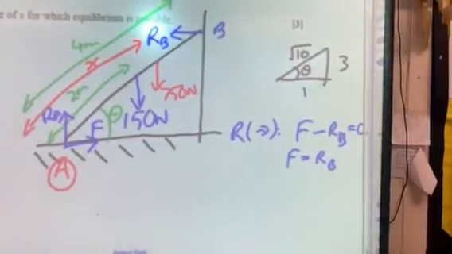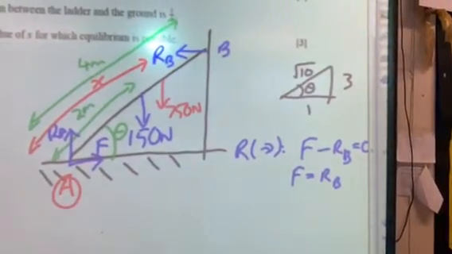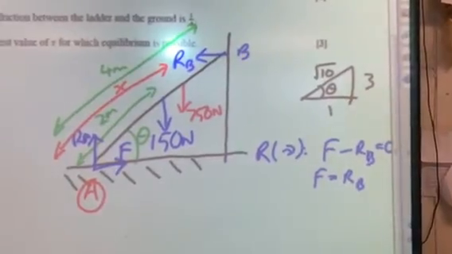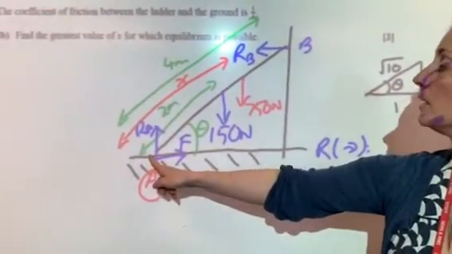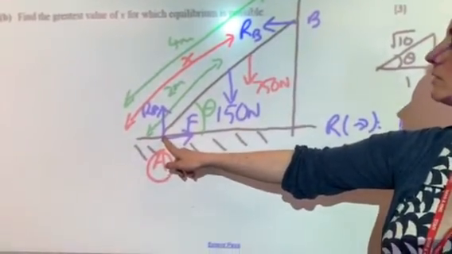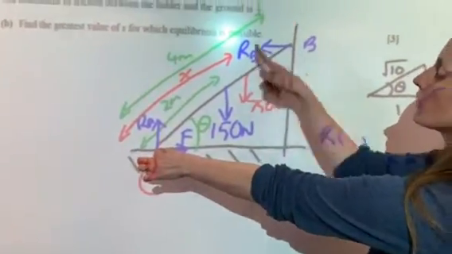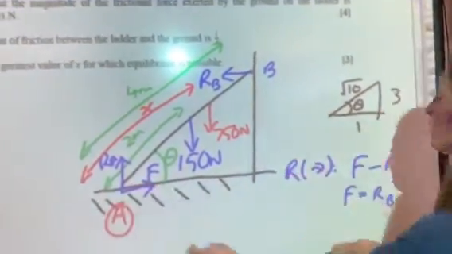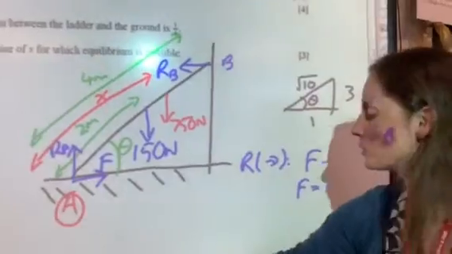Okay, right, now it would make sense to take moments. If we take moments about this point A, then we don't need to worry about these two forces because the distance to those is 0. Then I'm just going to have an equation involving numbers and RB. And when we know RB, we know F. So that's what we'll do.